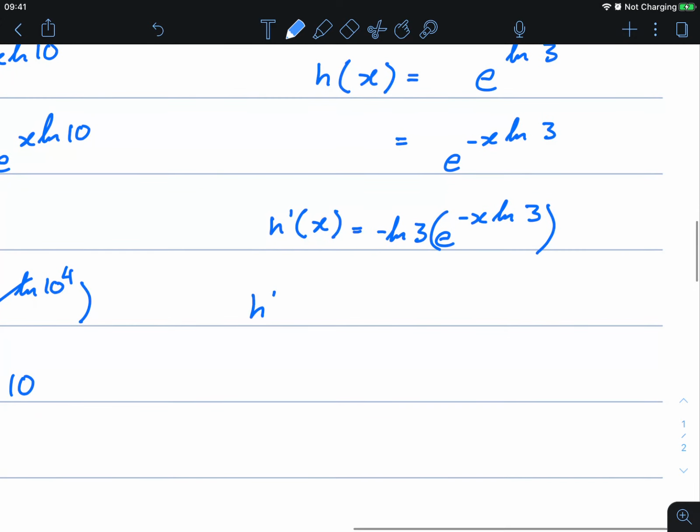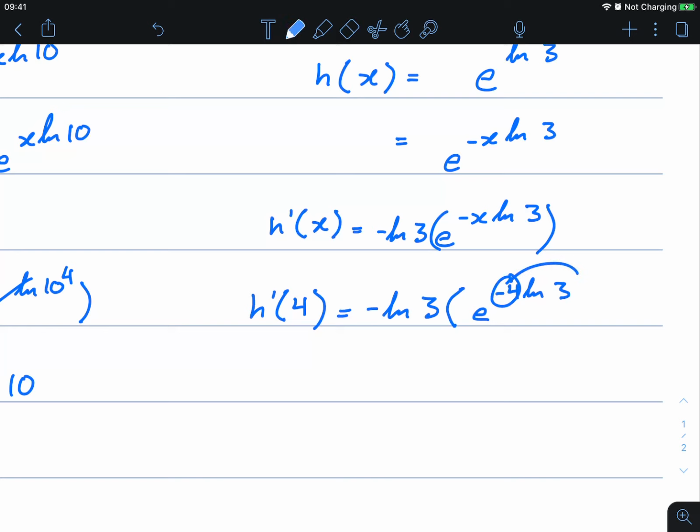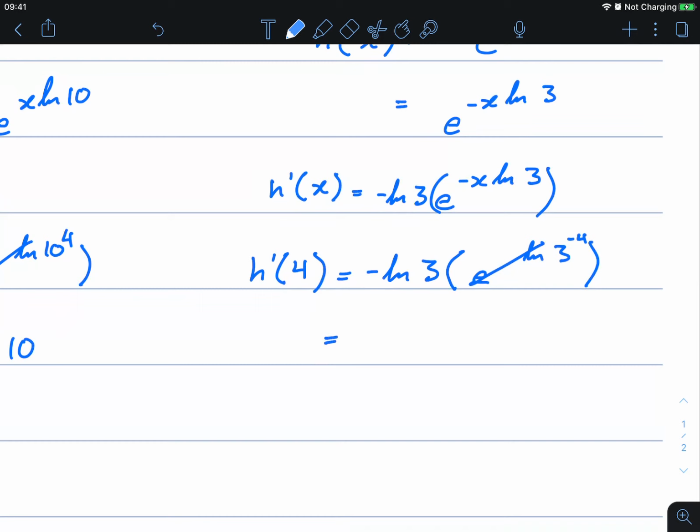One last time here, h prime of 4. It's negative ln 3 times e to the power of negative 4 ln of 3. Reversing this, the coefficient becomes the power, so negative 4. e and ln cancel.